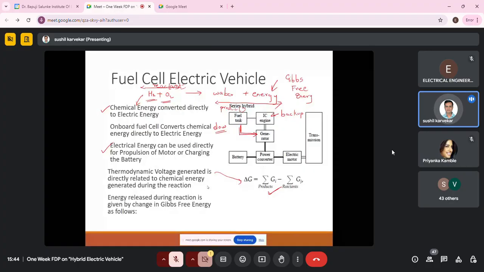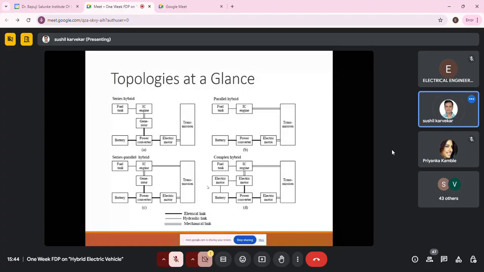So this is something about fuel cell electric vehicles. The part which we have studied up till this moment is shown over here. We have shown the components of the series vehicle, we have discussed parallel, and we have seen series hybrid and complex hybrid, which included the fuel cell.